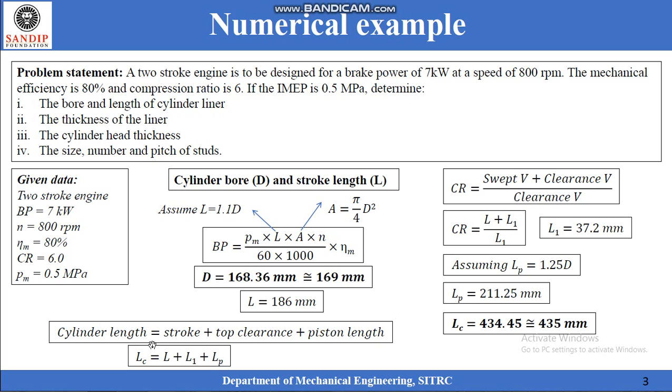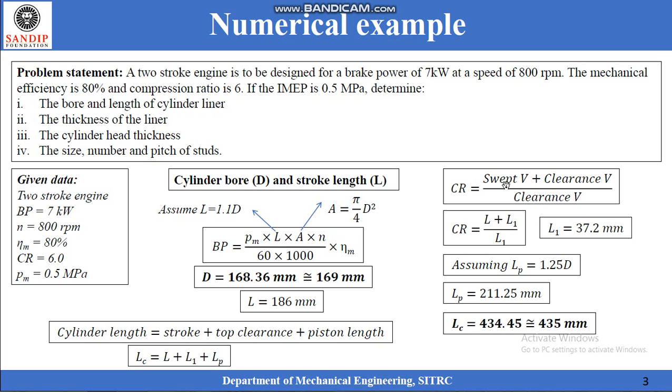The cylinder length is the addition of stroke, top clearance and length of the piston, given by Lc equal to L plus L1 plus Lp. L we have already calculated. L1 can be calculated by using the formula of compression ratio. It is swept volume plus clearance volume upon clearance volume.